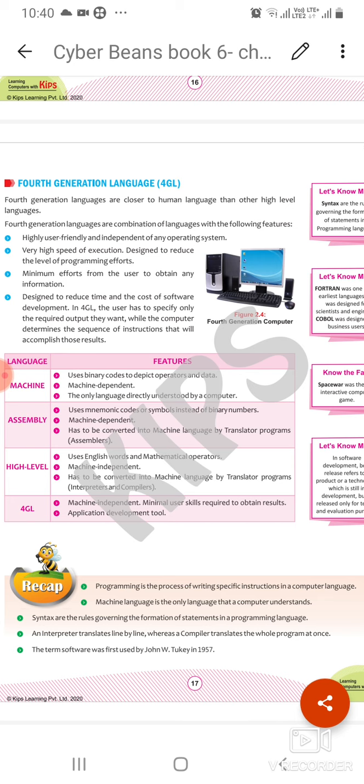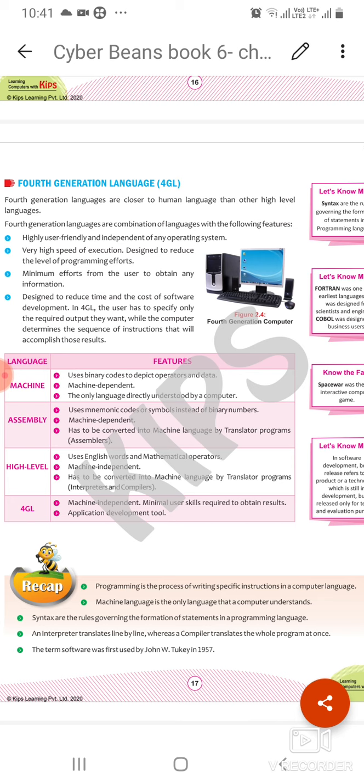Number one, fourth generation languages are a combination of languages with the following features. Highly user friendly and independent of any operating system. Number two, very high speed of execution, and it is designed to reduce the level of programming effort. In fourth generation language, the programming effort is very much reduced.